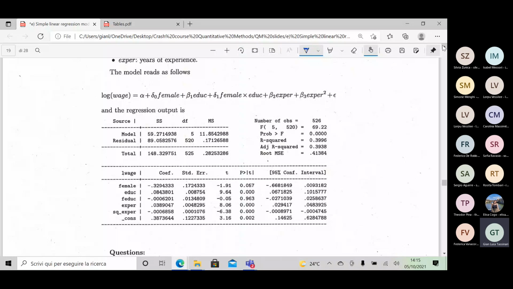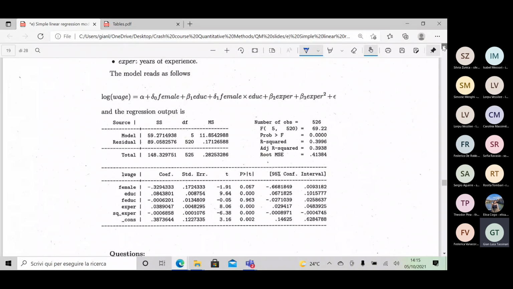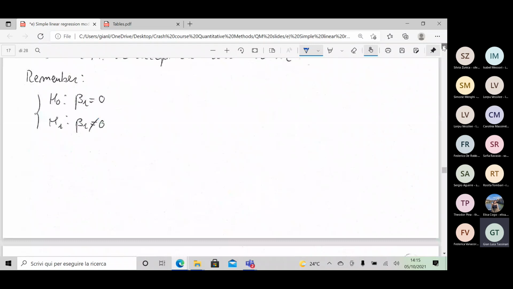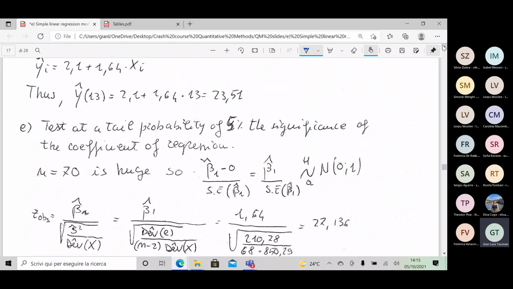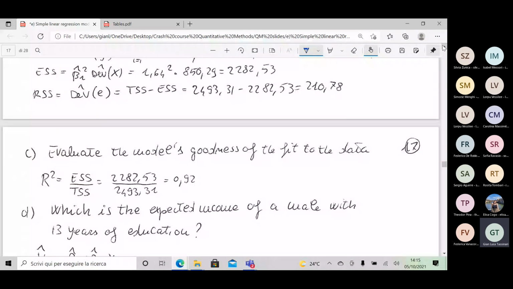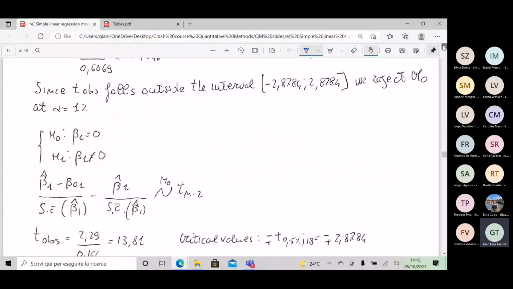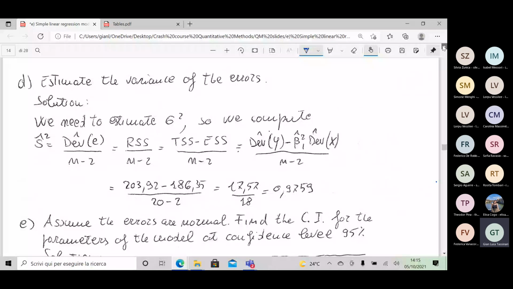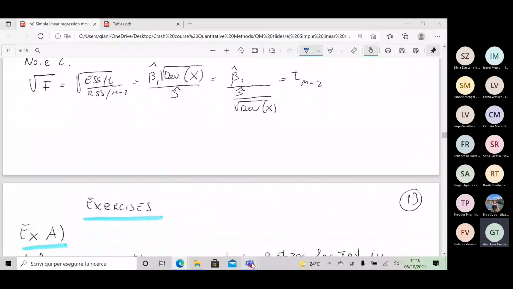So I opened again the file about the simple linear regression model. We finished the theory before lunch, and so now we can do exercises that require the application of the things that we saw together this morning.